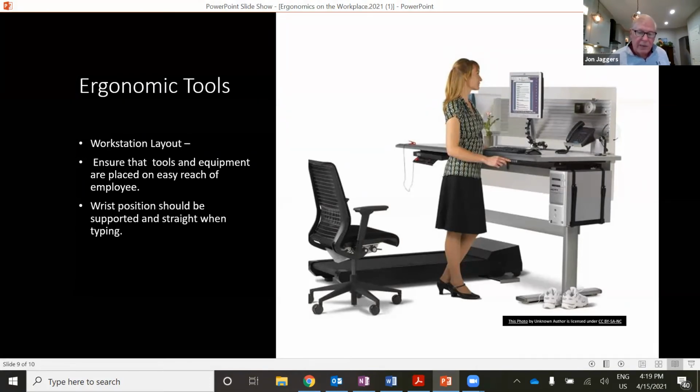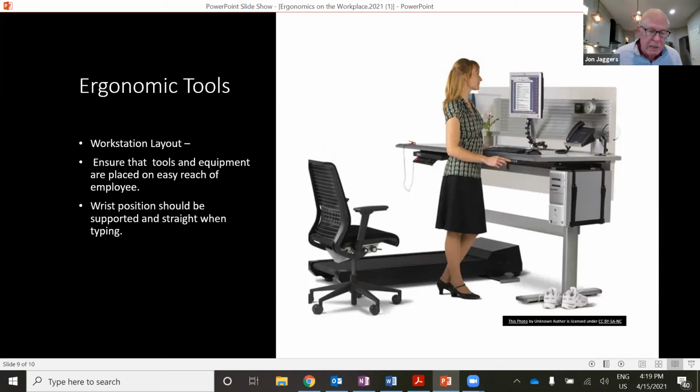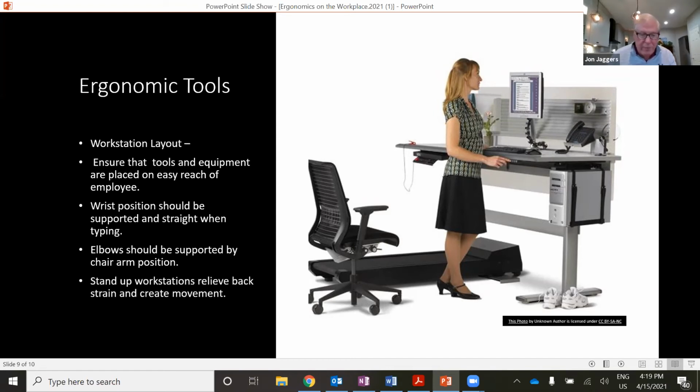And if they're sitting down in the chair, your wrist positions need to be supported both by the arms and right up to the keyboard. So you don't need to be like this or like this. You need to be just comfortable. And elbows should be supported by the chair position, which is adjustable.